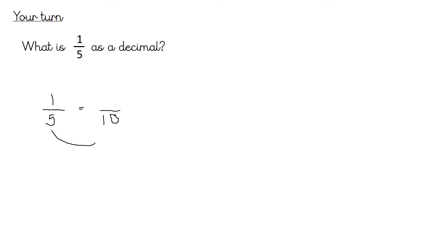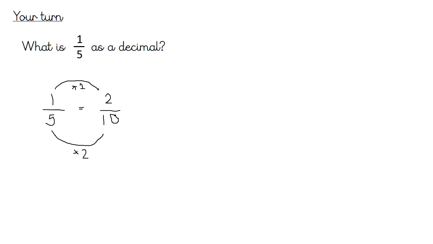So 5 multiplied by what gives us 10? Now we should very clearly be able to know that 5 multiplied by 2 is 10. And whatever I do to the bottom, I have to do to the top. So 1, oh gosh, sorry about my writing, multiplied by 2 gives us 2.